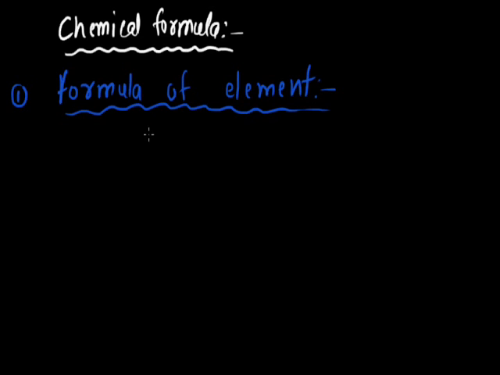The chemical formula of an element is a representation of the composition of its molecule, in which the symbol represents the element and the subscript represents how many atoms are present in one molecule. We can write the formula of any element as A_N.